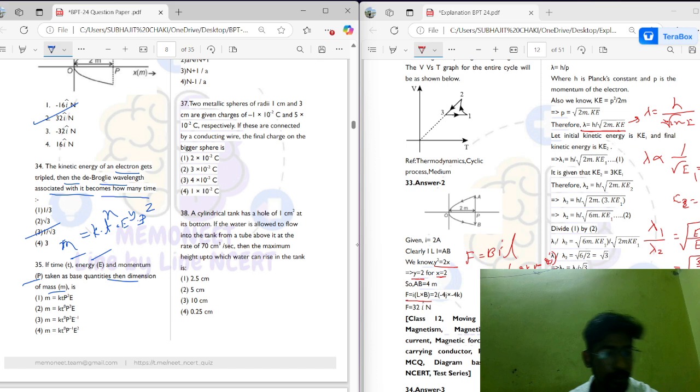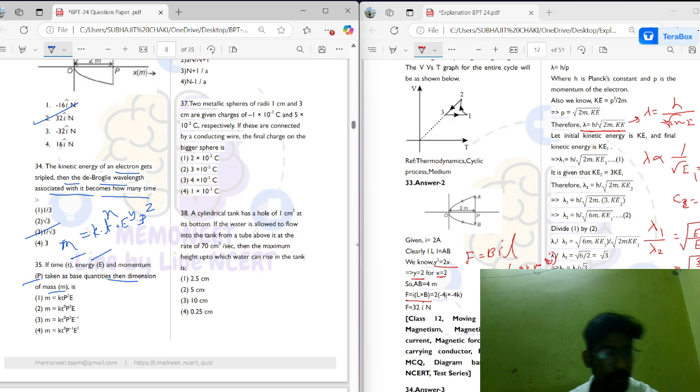Okay, what we can say to calculate the LC, what is the value of LC? LC means 1 MSD minus 1 VSD.